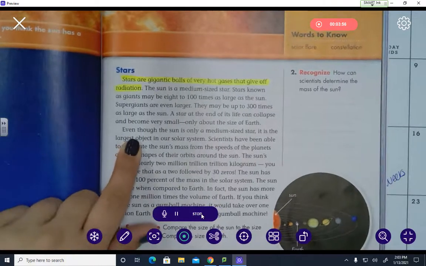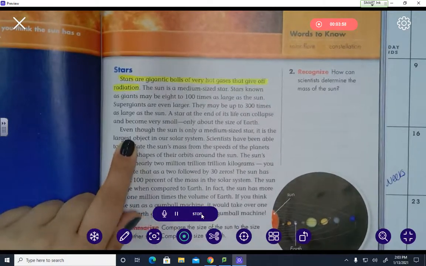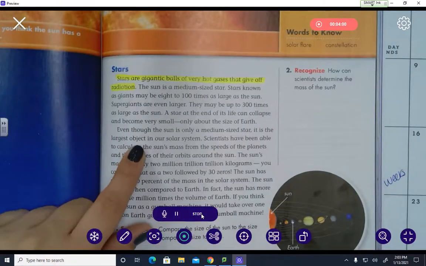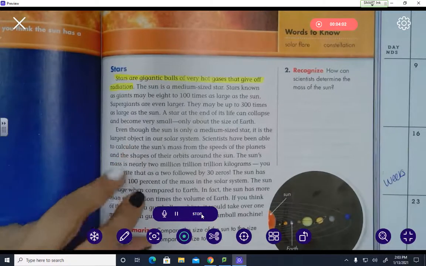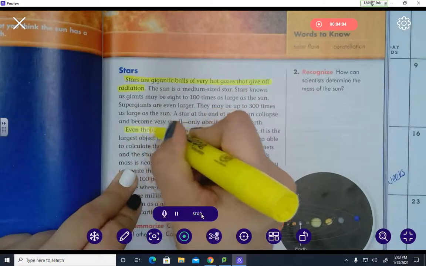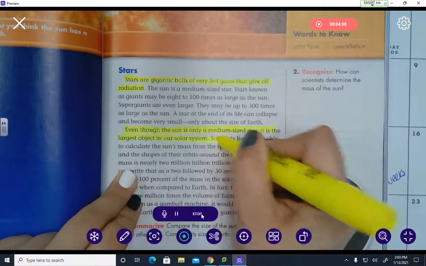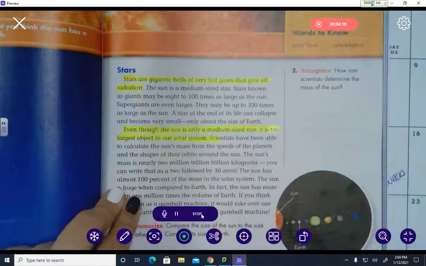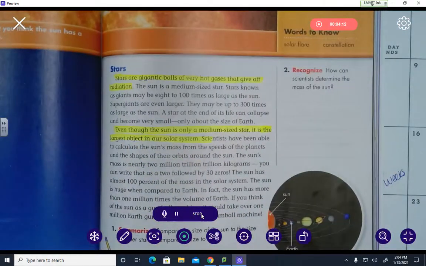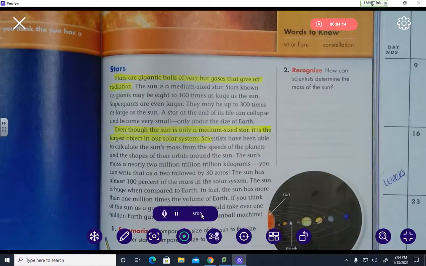Even though the sun is only a medium-sized star, it is the largest object in our solar system. I want you to highlight that. So even though the sun is a medium-sized star, it is the largest object in our solar system.